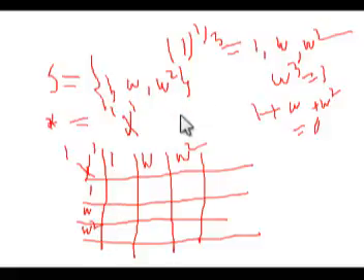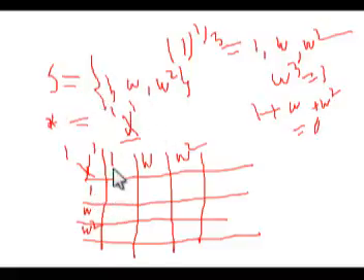Closure property, as you already know, means that with this binary operation multiplication, the product of any two elements of the set must be in the set S.